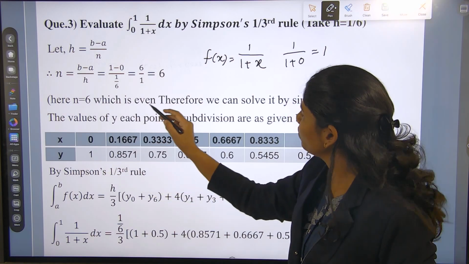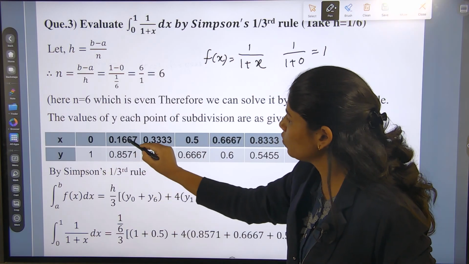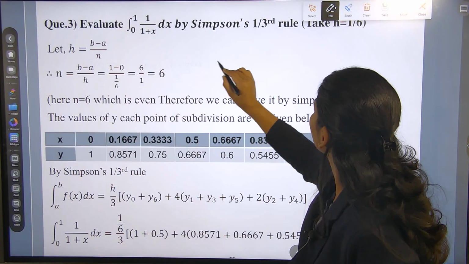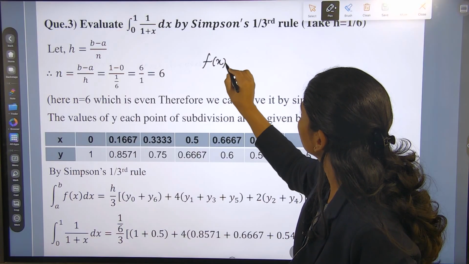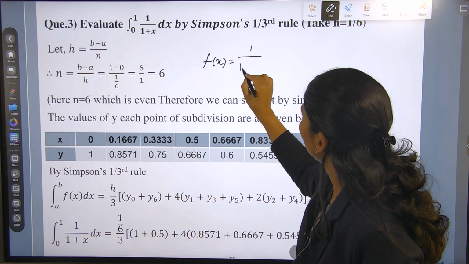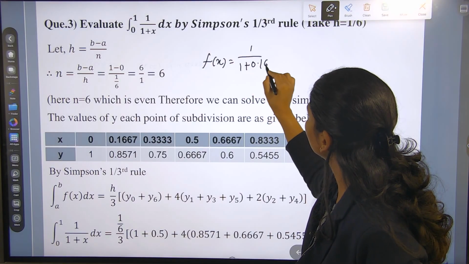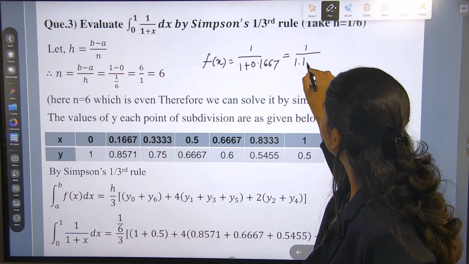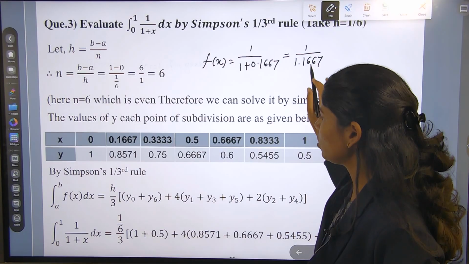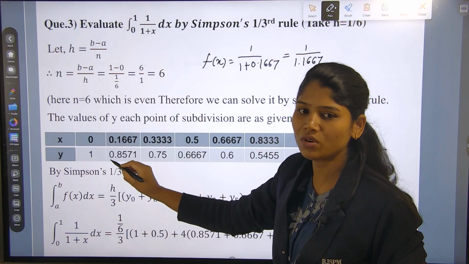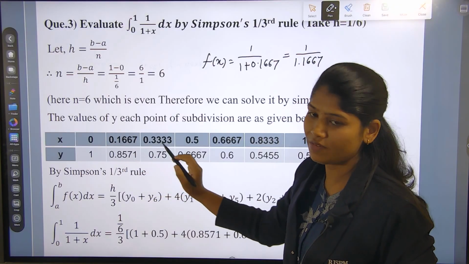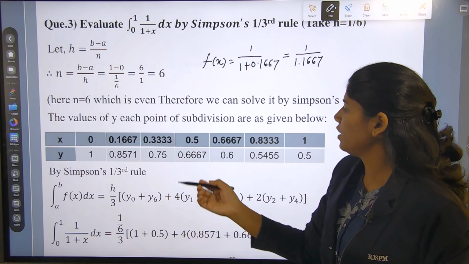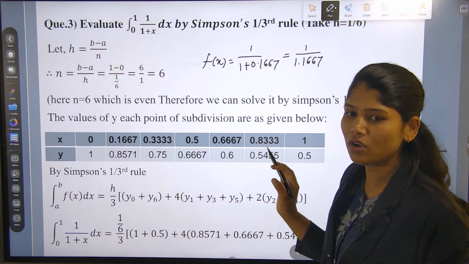Then put x equals 0.1667. So f of x equals 1 upon 1 plus 0.1667, which equals 1 upon 1.1667. Solve this, we get y equal to 0.857. For each value of x, find out the value of y. So we get all values of y.